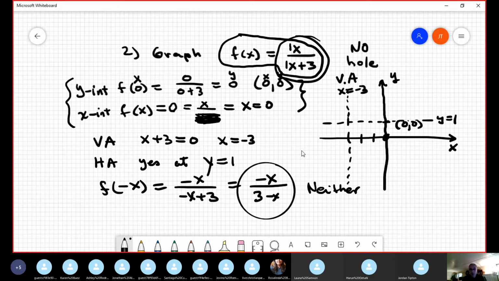And now select the additional points. How many additional? Remember, the only information that we have on the x-axis is this point and this vertical asymptote. So I recommend using 1 point here, maybe 1 or 2, not necessarily too many.